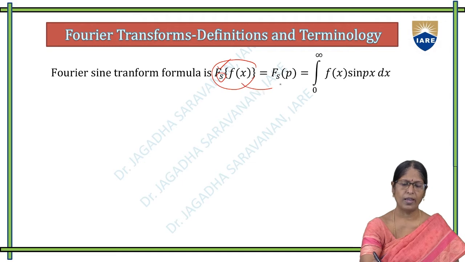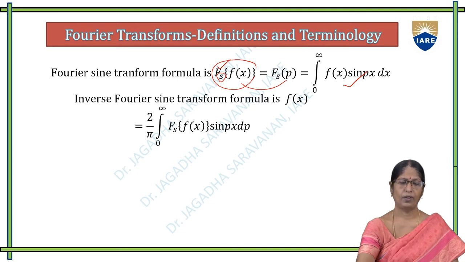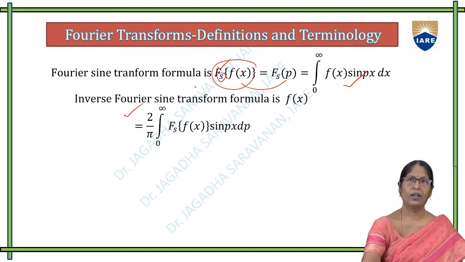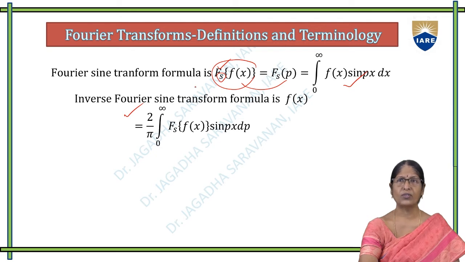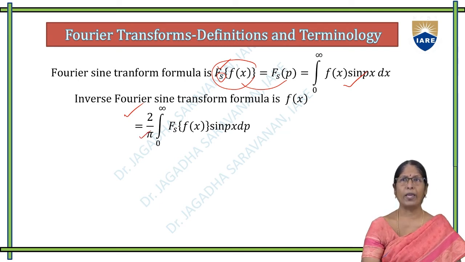Now here, capital F S of p is nothing but integral 0 to infinity f of x sine px dx. The inverse Fourier sine transform formula is f of x, which is equal to 2 by pi.